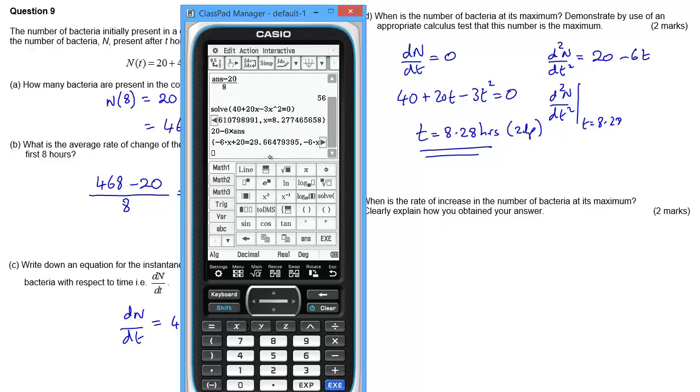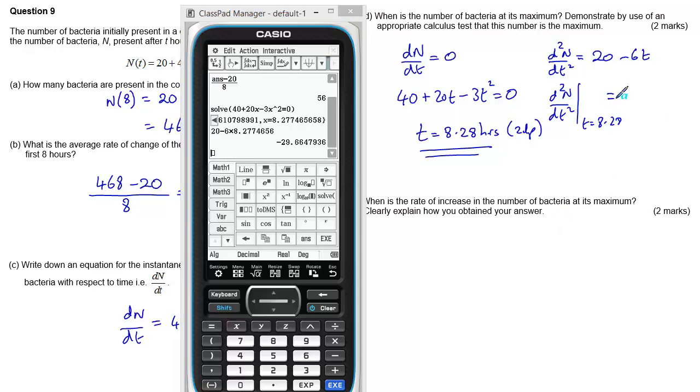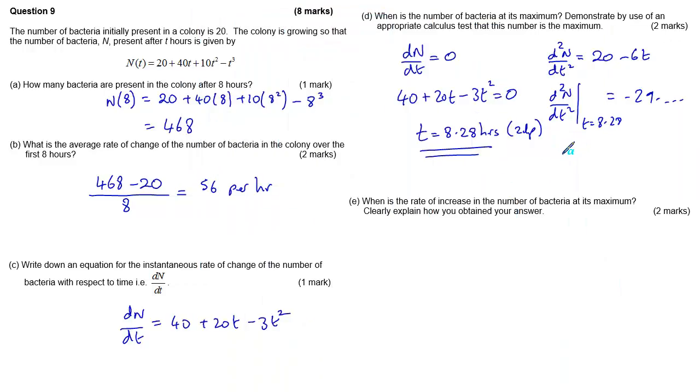And of course I didn't actually pick the answer I wanted, so let's just pick the one that we do want and do that again, and that's negative 29 point something. It really doesn't matter what the something is, the point is that it's negative, which implies a maximum.